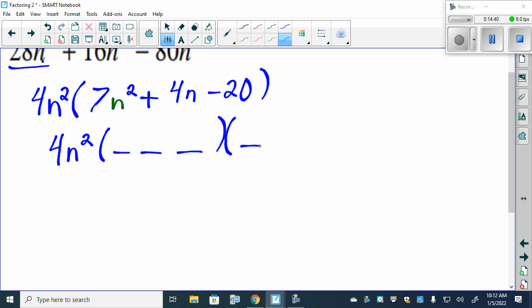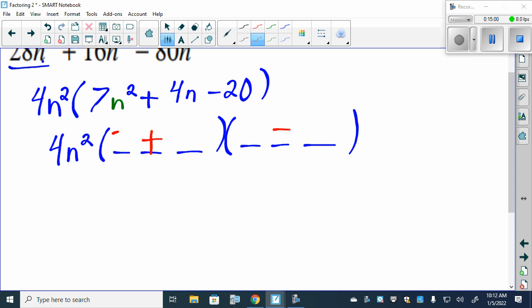Now we can have our 2 sets of parentheses with 3 spaces. Looking at the third term, since it's negative, our signs are opposite. One's going to be positive, one is going to be negative.